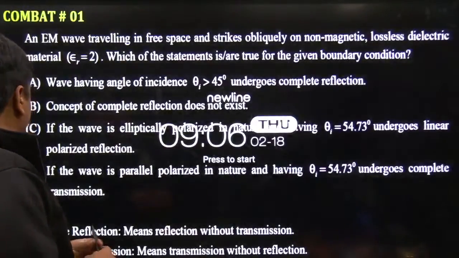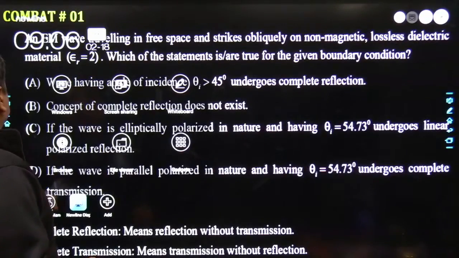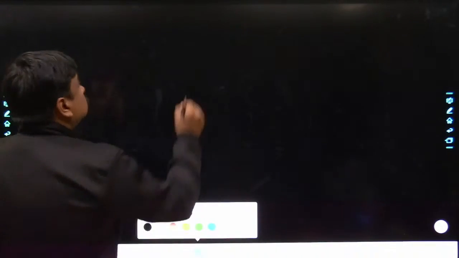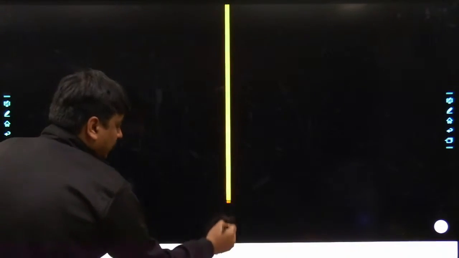Probably after restarting, each and every problem would get sorted out. Just a minute. Let me go into the working board. Yeah, everything is fine now.